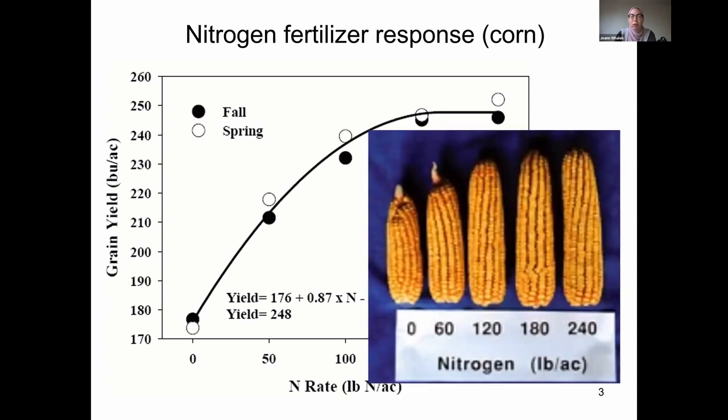It shows up very visually when we make a picture of the corn, seeing that when we add no nitrogen fertilizer, we don't produce much.